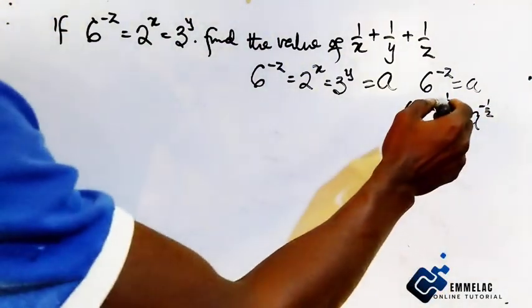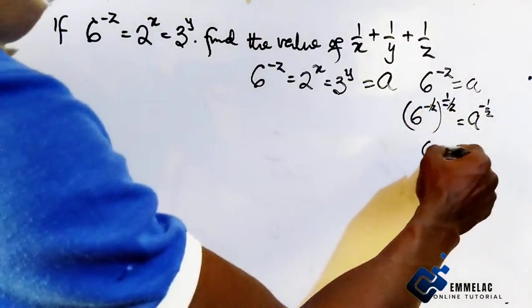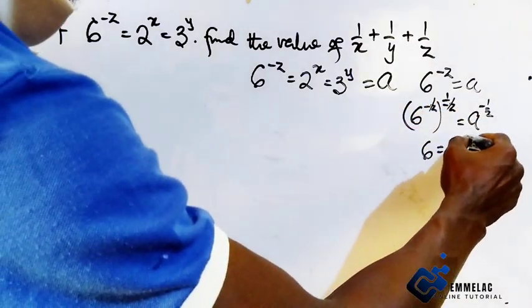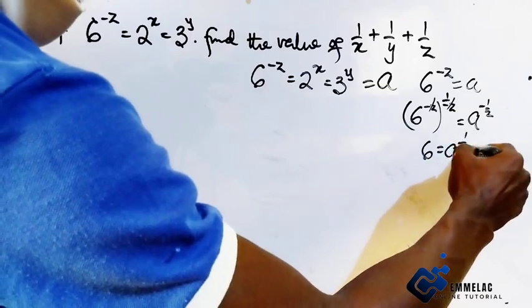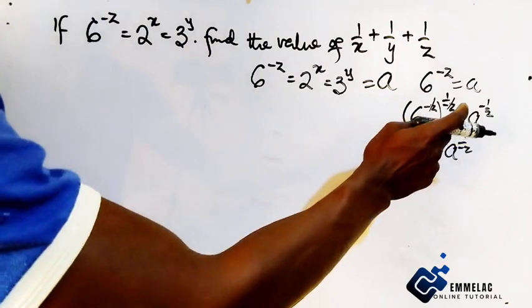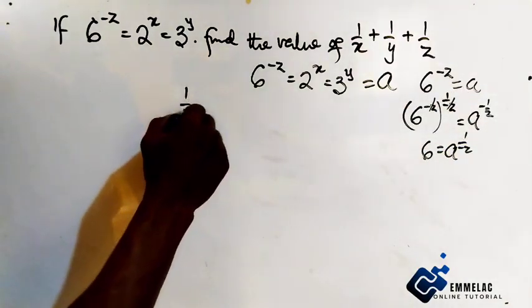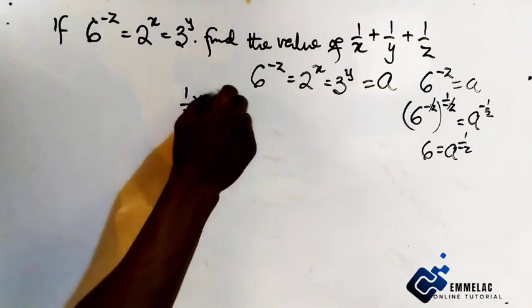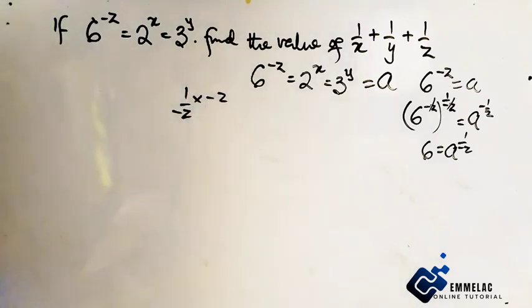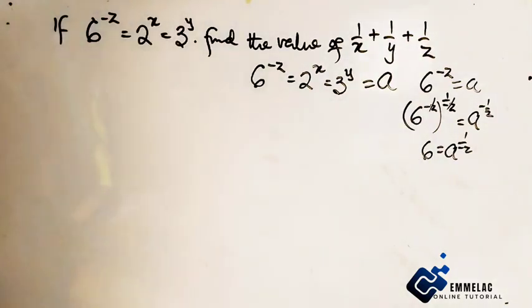So this cancels out, so our 6 here equals a raised to the power 1 over minus z. Okay, now using the law of indices, the power times 1 over z cancels out. All right, now let us do the same thing here.